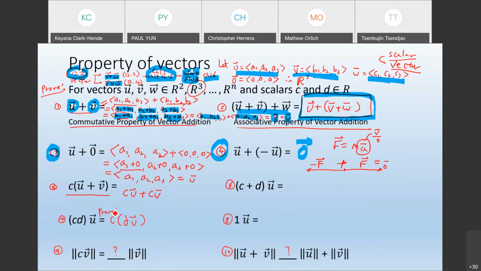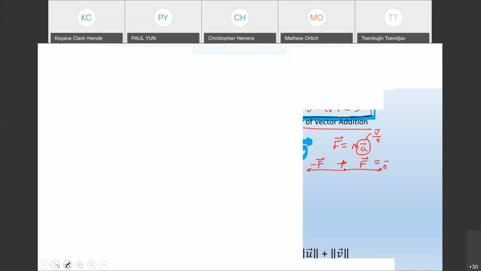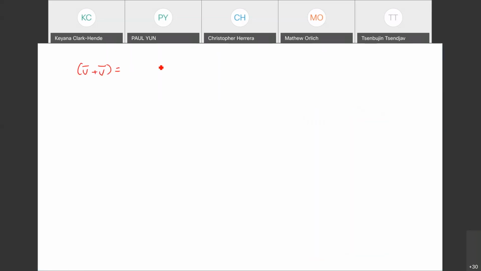So we could prove this one algebraically, right? It's so obvious, right? Here we go. c times u plus v, right? I think we have to do a sub 1, a sub 2, a sub 3 plus b sub 1, b sub 2, b sub 3. Process this in your brain. This is kind of too much. You already know all this stuff, right?